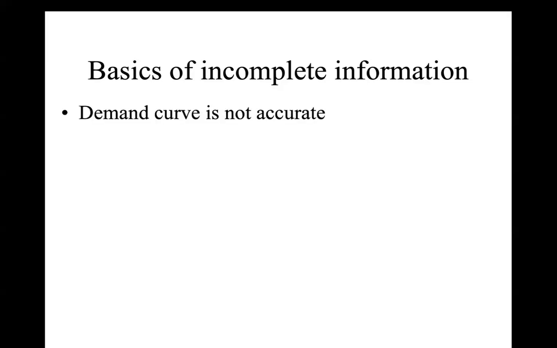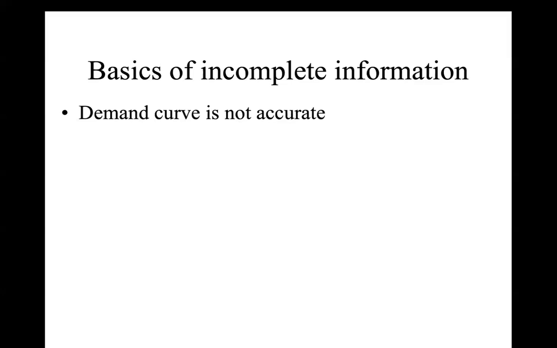All right. If we have incomplete information when making resource allocation decisions, one of the big impacts of that is that the demand curve for the consumer is not going to be accurate, right? In other words, if I have a hard time assessing accurate price quality correlations, I'm either going to assume more value for a given price than actually exists, and I'm going to allocate more money to this low value thing that I'm perceiving as high value.